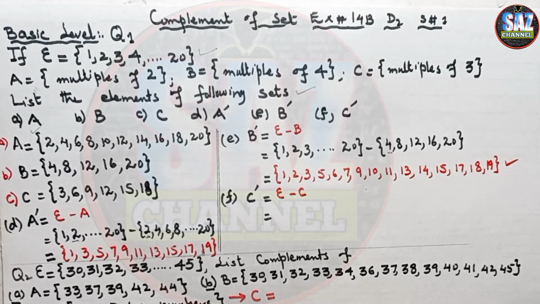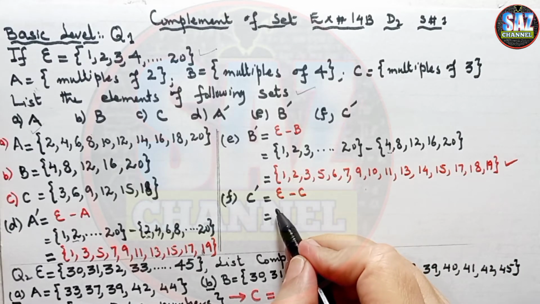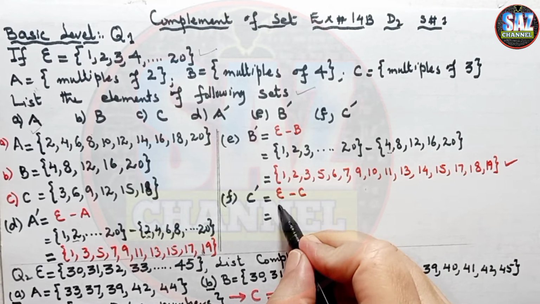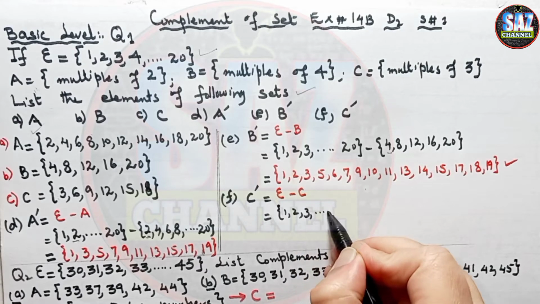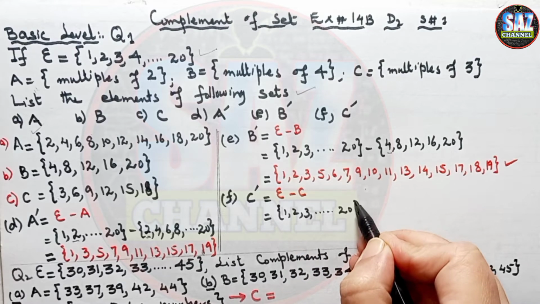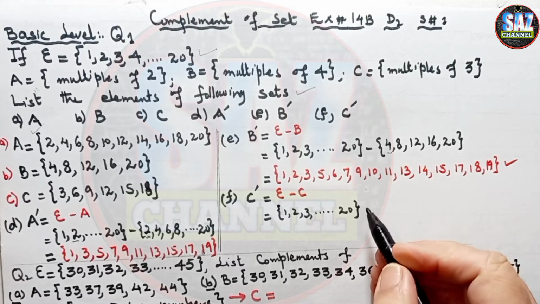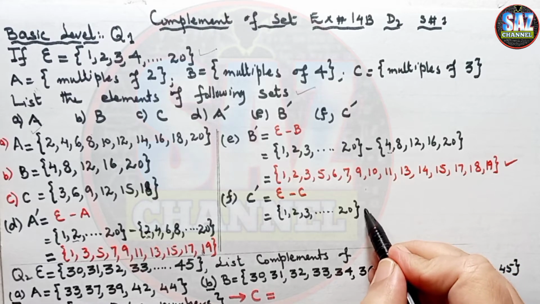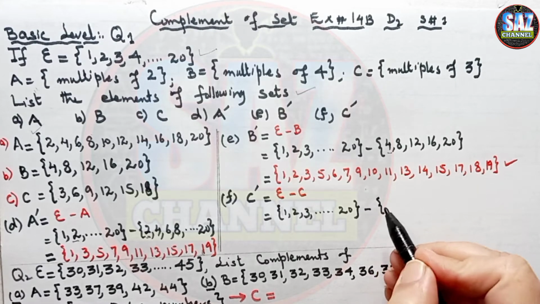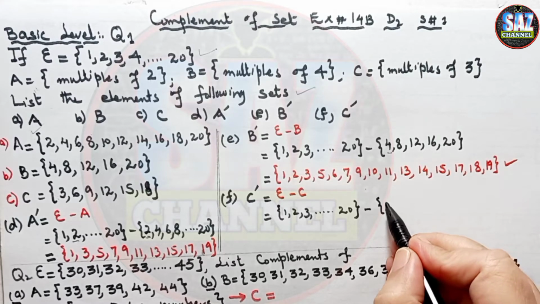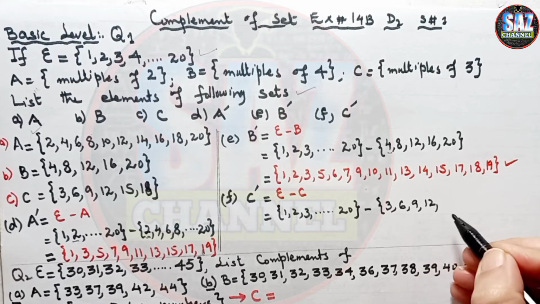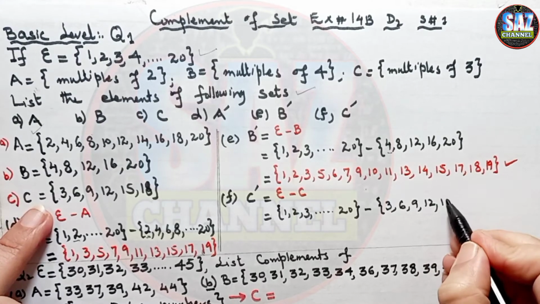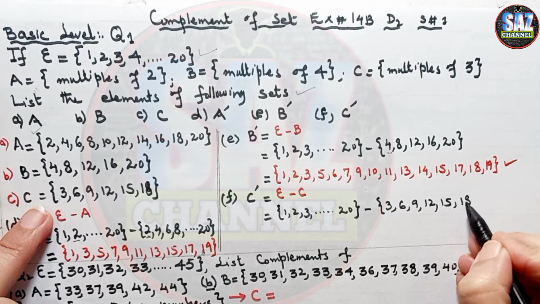Now what I have to do, I have to write the elements of universal, and universal is containing 1, 2, 3 till 20, first 20 positive natural numbers, minus C, which is the multiples of 3: 3, 6, 9, 12, 15 and 18.